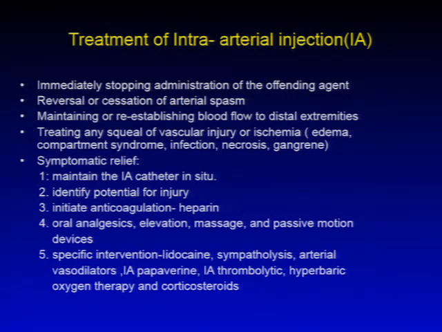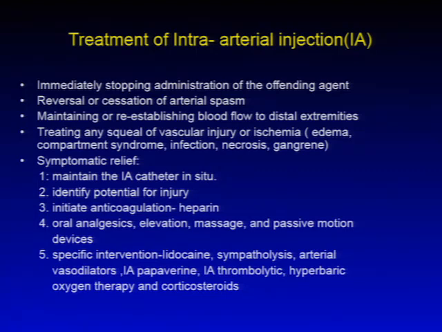In terms of treatment, we need to immediately stop administration of the offending agent. Try to reverse or stop the arteriospasm, maintain or establish blood flow to distal extremities, treating any problems of vascular injury or ischemia.